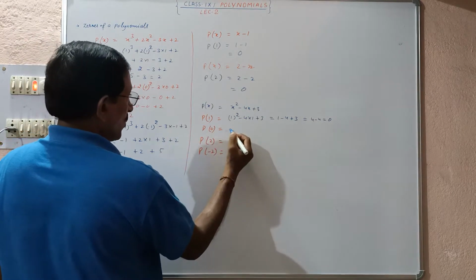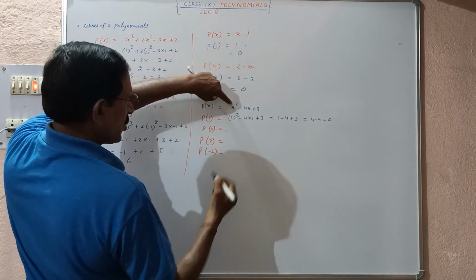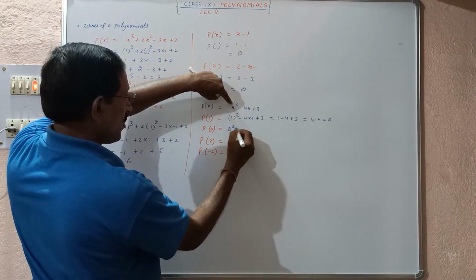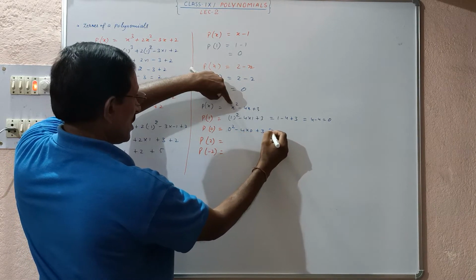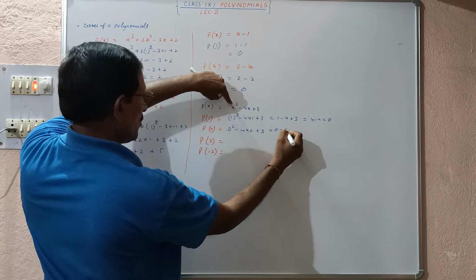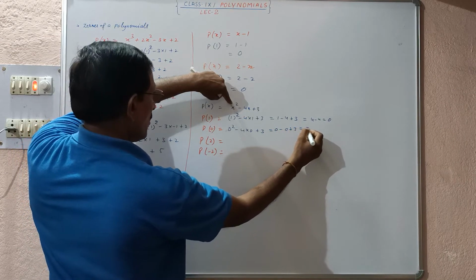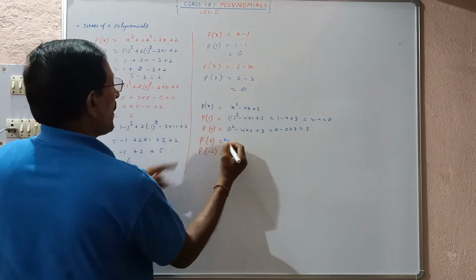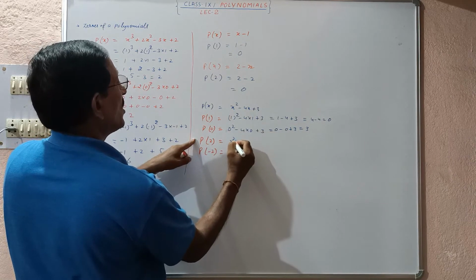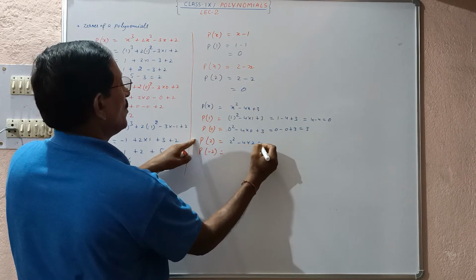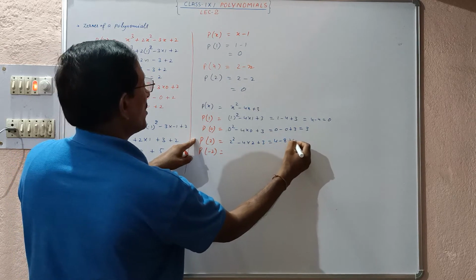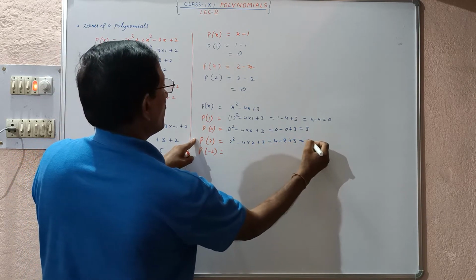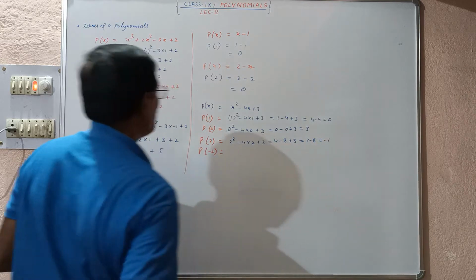Now p(0), how do we find p(0)? In place of x we put 0: 0 squared minus 4 into 0 plus 3, that is 0 minus 0 plus 3, that is equal to 3. Now p(2): 2 squared minus 4 into 2 plus 3, that is 4 minus 8 plus 3, that is 7 minus 8, which is equal to minus 1.